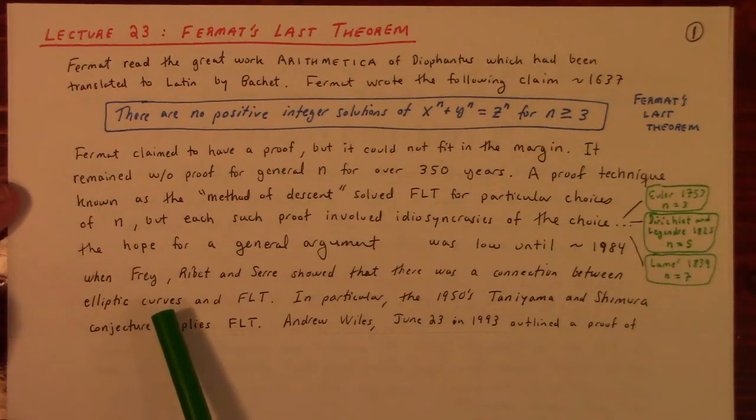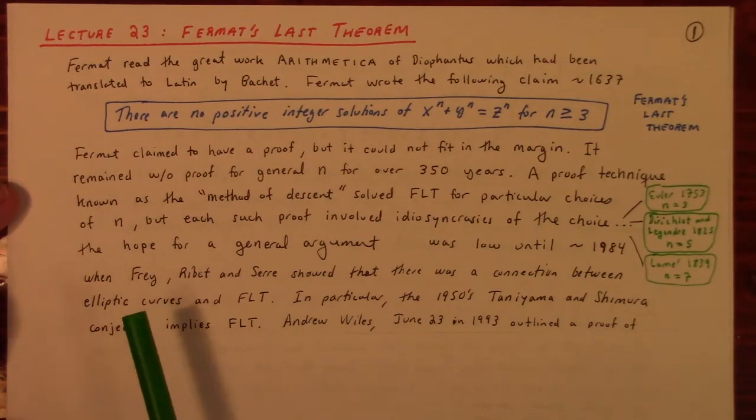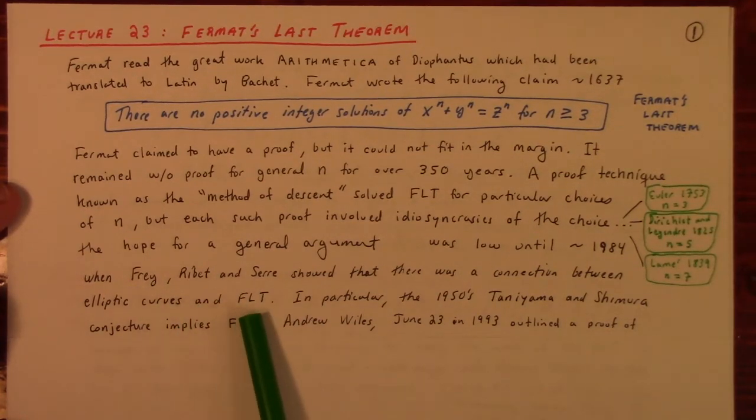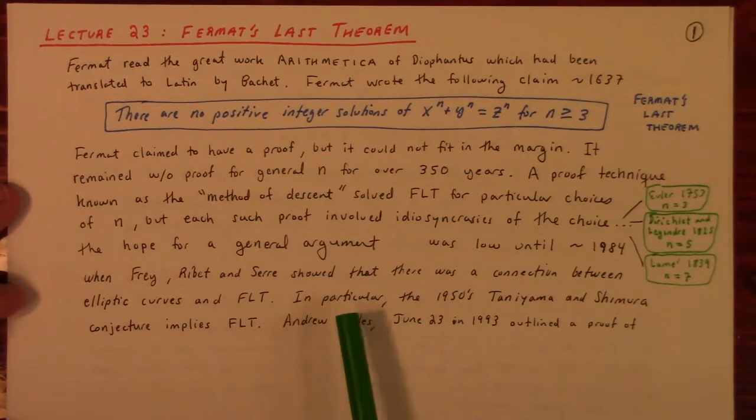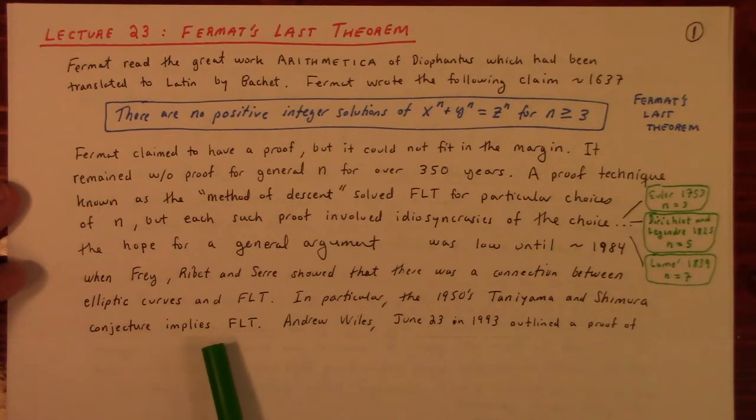If you were to take another course in number theory, an advanced one, maybe you get to look at these elliptic curves in class field theory and some of the stuff beyond this. Anyway, these guys showed there was a connection between elliptic curves and Fermat's last theorem. In particular, in the 1950s, Taniyama and Shimura made a conjecture, and that conjecture was shown to imply the FLT.